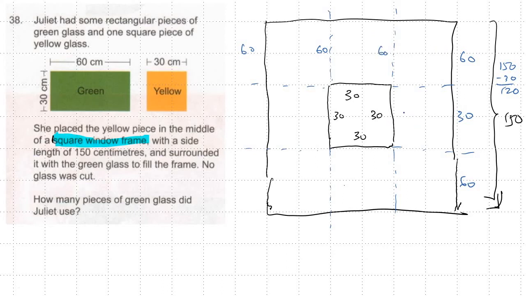Here's 30, here's 30, which means here is 30 also. And then this portion here, here's also 60, and here's 30, and here's 60. So 60, 30, 60, and then this portion here will be 60.